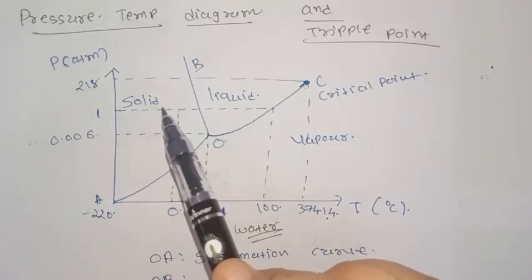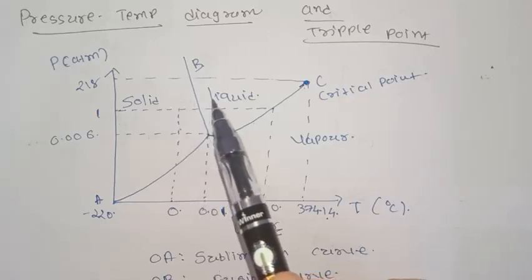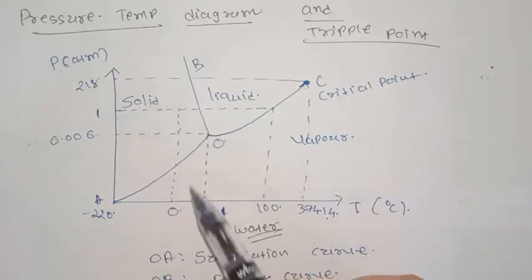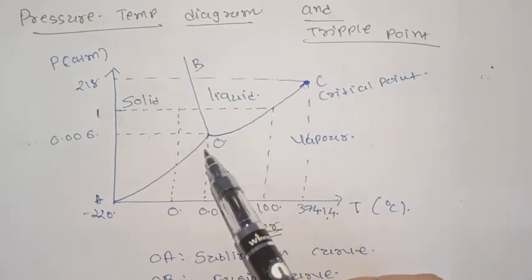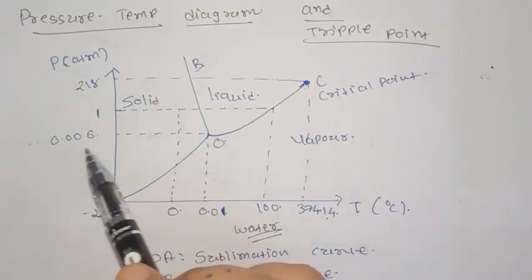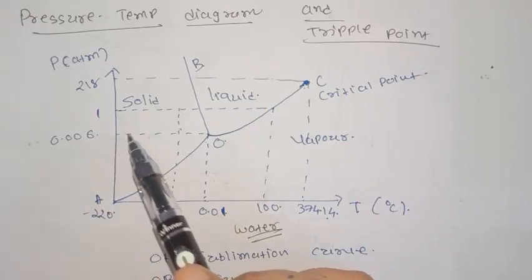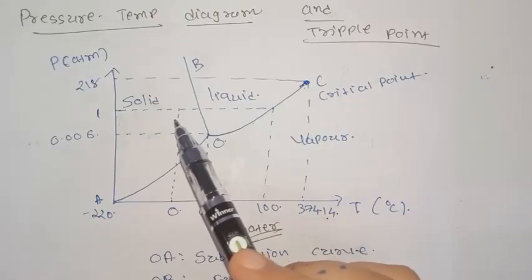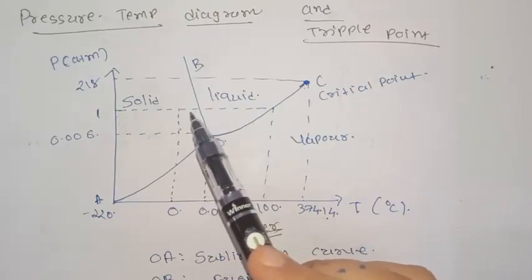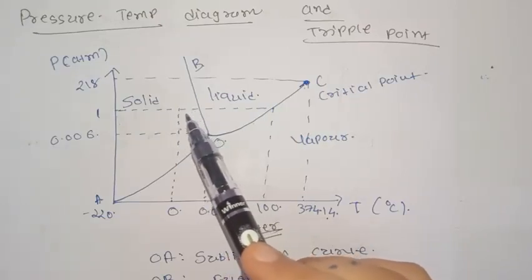The fusion and the vaporization curves of water intersect at a temperature of 0.01 degrees Celsius and at a pressure of 0.06 atm. Along the fusion curve, both ice and water can simultaneously exist.